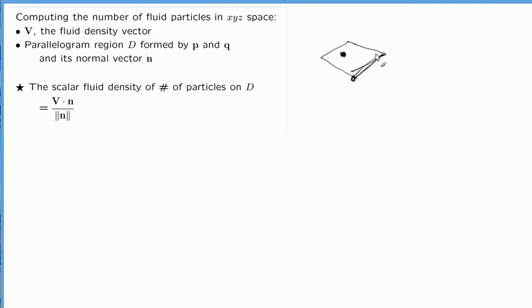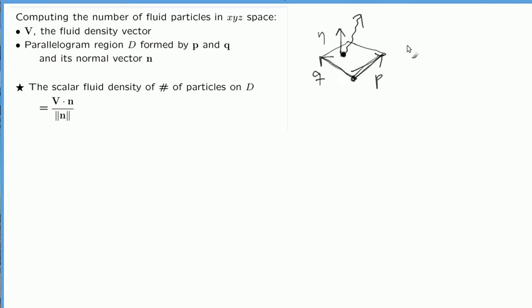This side is generated by vector p. This side is generated by vector q. Suppose the density vector is constant because this is going to be really tiny for the Riemann sum. But the density vector is not necessarily perpendicular to this, so I'm going to write it like this, in a different direction. And here's our normal vector n, right?